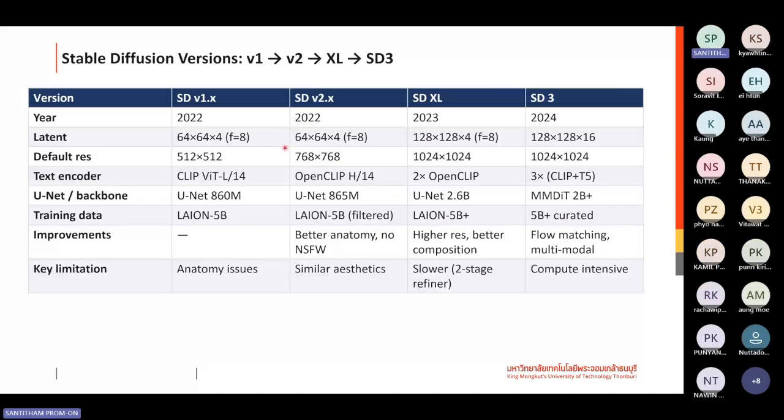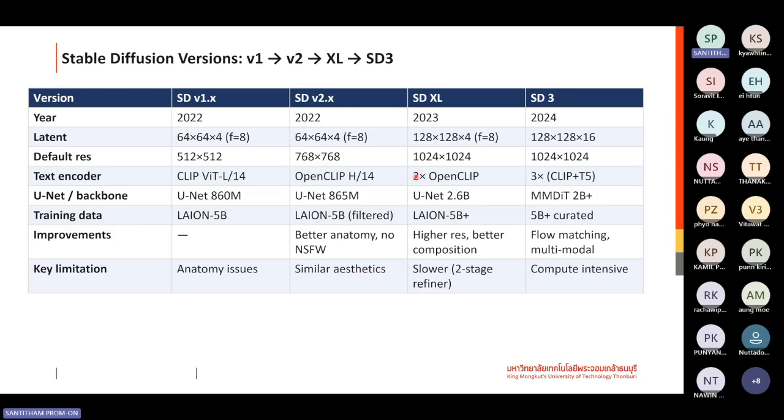Right. Then this is 1.4, 1.5, and then 2.0. It still uses the filtered version of this, but it contains a similar aesthetic compared to 1.5, with a little bit higher resolution. SDXL though has a different concept and uses two OpenCLIPs.